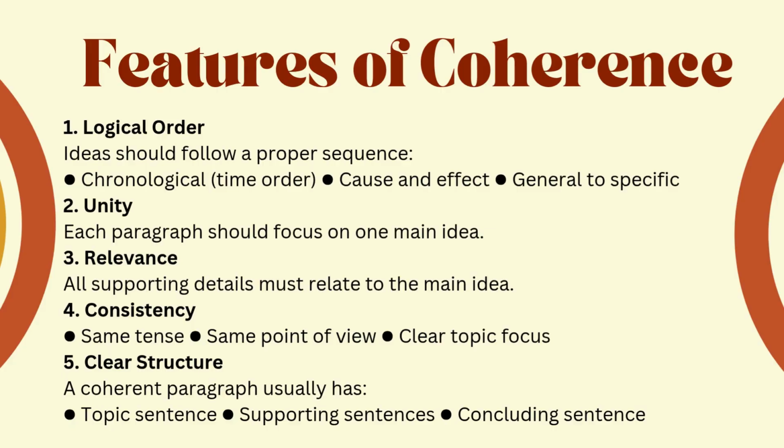The topic sentence introduces the main idea. Supporting sentences explain or give details. The concluding sentence summarizes or closes the idea. This structure makes the paragraph easy to read and understand. In short, coherence makes writing logical, clear, and meaningful by organizing ideas properly, keeping them relevant, and maintaining a clear structure.